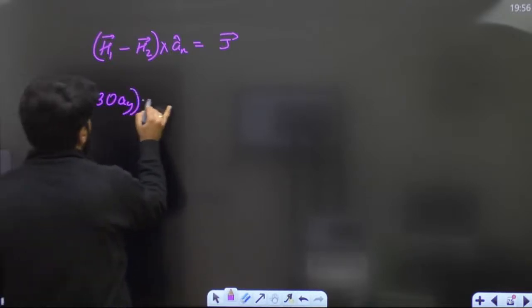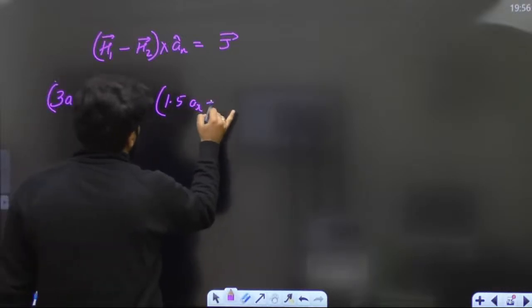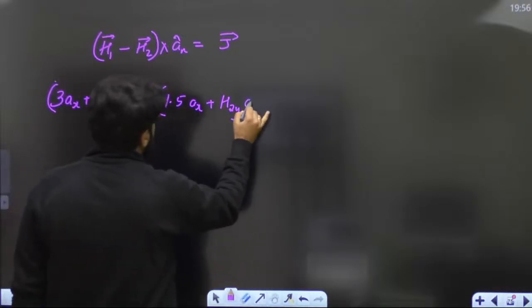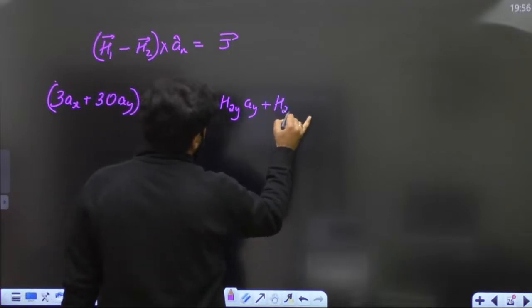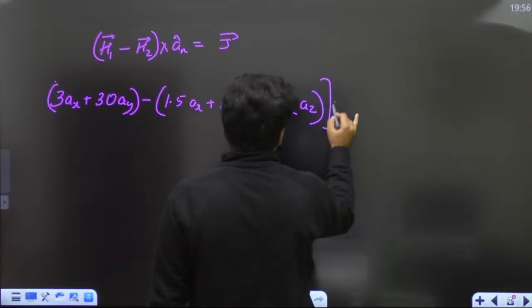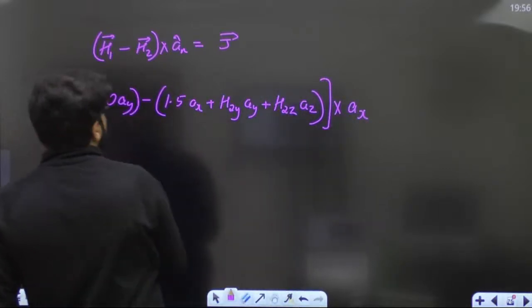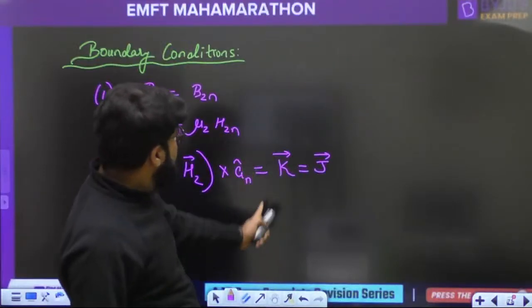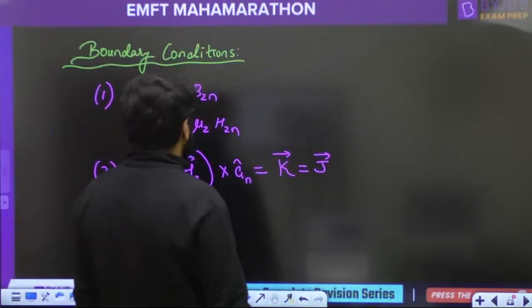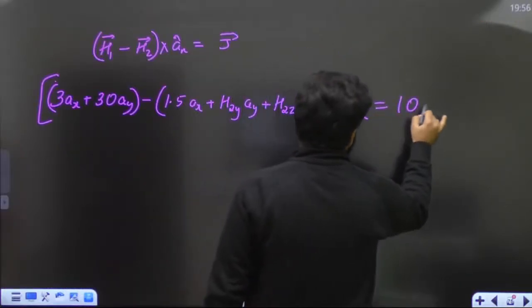Minus H2, that is 1.5 AX plus H2Y AY plus H2Z AZ, whole cross product with AN. We saw that AN is along the x direction, and it should be equal to the value of J, which is 10AY.